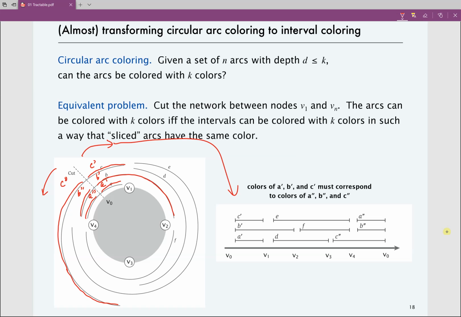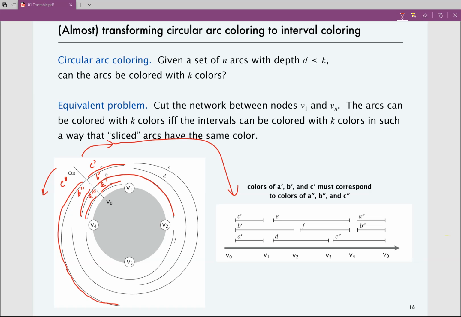C double prime is going to overlap with E over here, and C double prime also overlaps with F. So you see that by taking this circle, cutting it, splitting it and then pulling it apart, we actually get an instance of interval coloring.